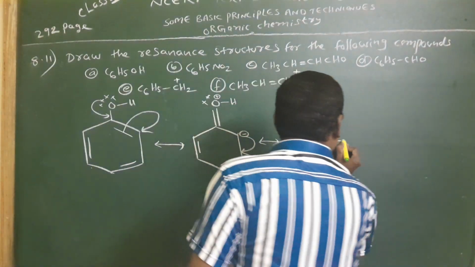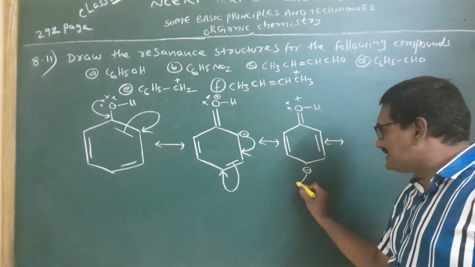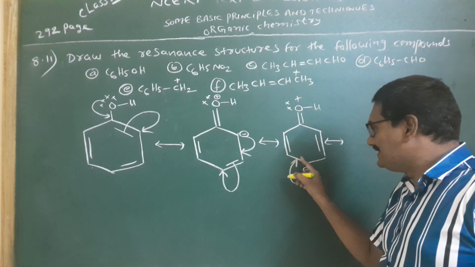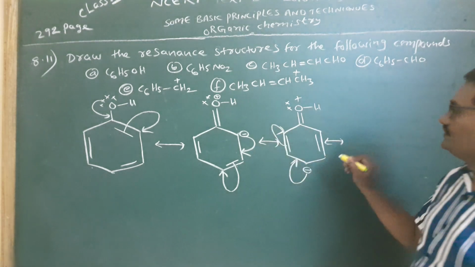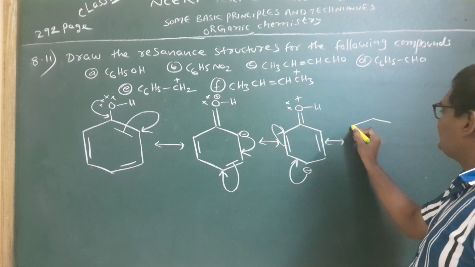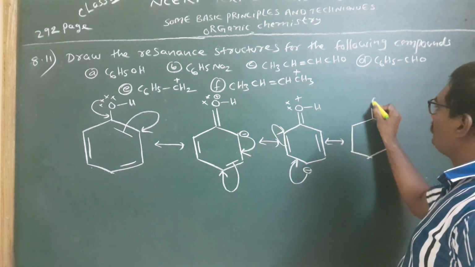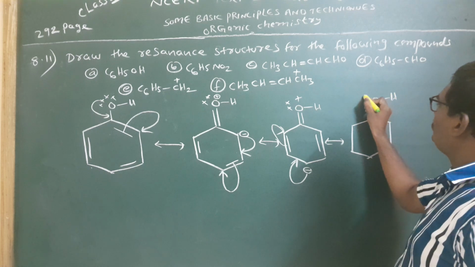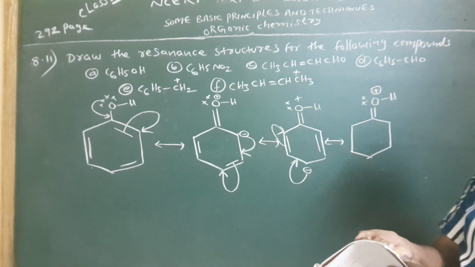Another one, next one: this minus electron converts into this place, this pi bond converts into this place. So then the structure is OH, 2 electrons, it is the plus again.